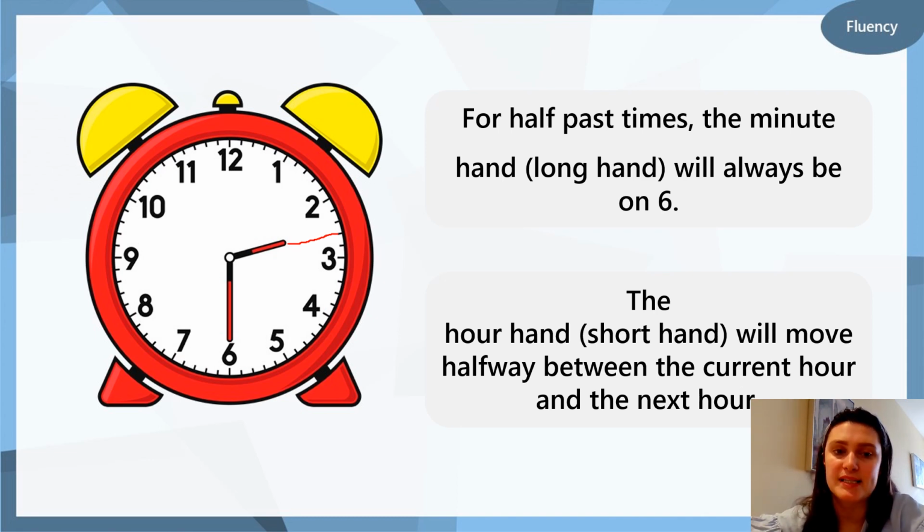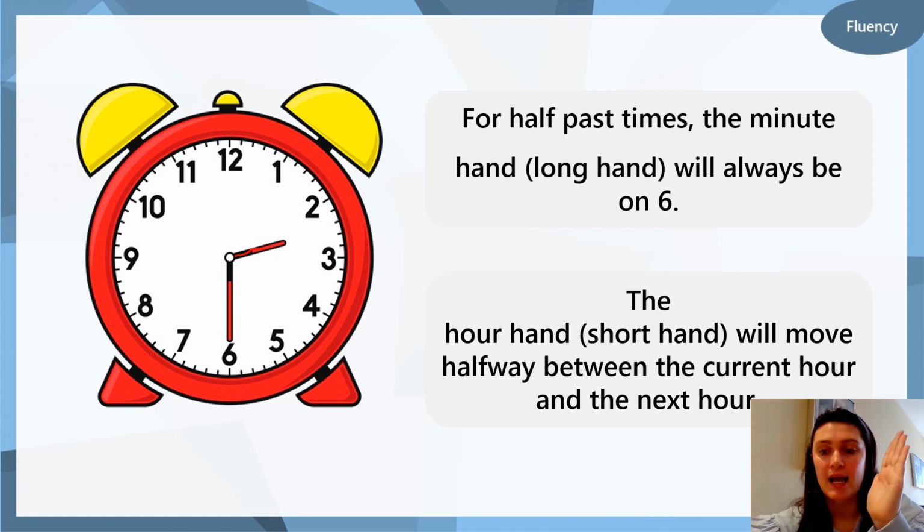When the big hand was at 12, the small hand was at 2. The big hand has now moved all the way around the clock to 6, so the hour hand has moved halfway between 2 and 3. This means that it is half past 2.